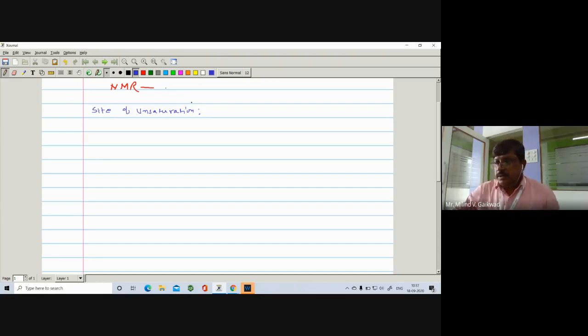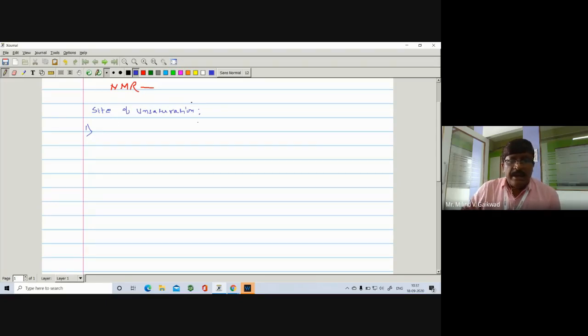In the site of unsaturation, you find out how many multiple bonds are present. I will take some numericals from there. Of course, they will ask a compulsory question on this. You will find this point in the last topic of the spectroscopy, on page number 145. I will take only a few representative ones, and if you want to ask any other question, you may.